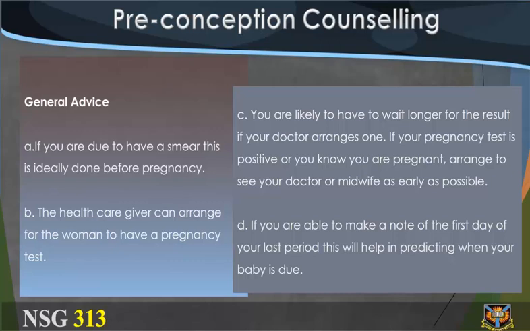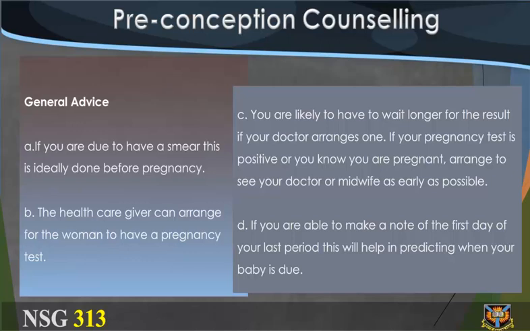General advice. A. If you are due to have your smear, this is ideally done before pregnancy. B. The health caregiver can arrange for the woman to have a pregnancy test. C. You are likely to have to wait longer for the result if your doctor arranges one.